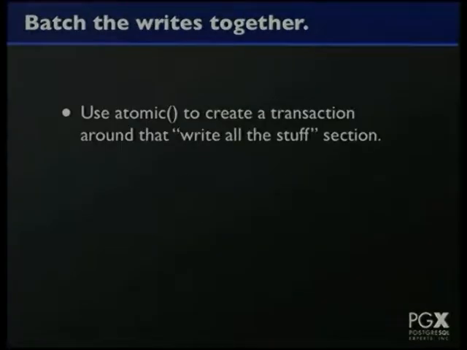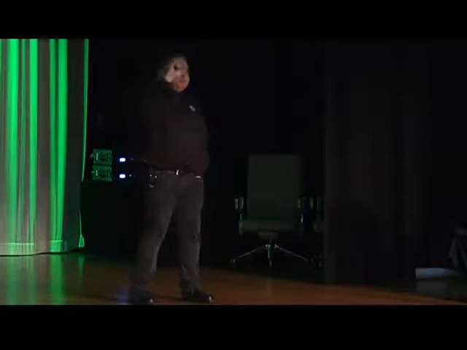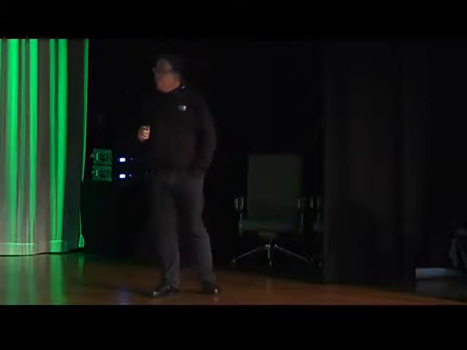So you bash all the writes together using Atomic around all the stuff you write. Sometimes there'll be multiple logical groups, things that don't have to be all committed together, where it's acceptable that if you fail, this section is one logical bit of work and another one is separate. So break those up. Use different Atomic groups for those.